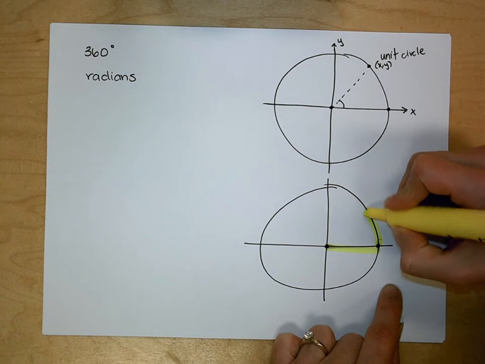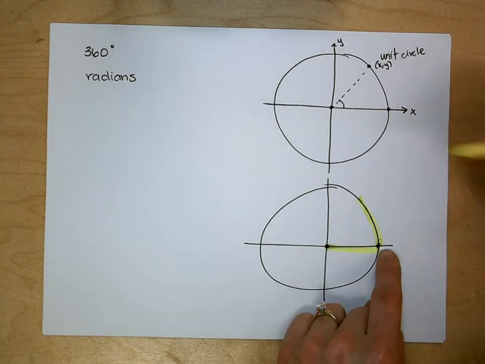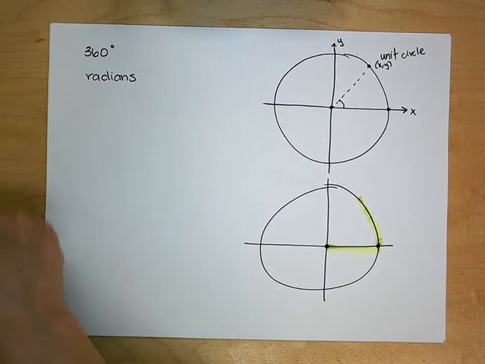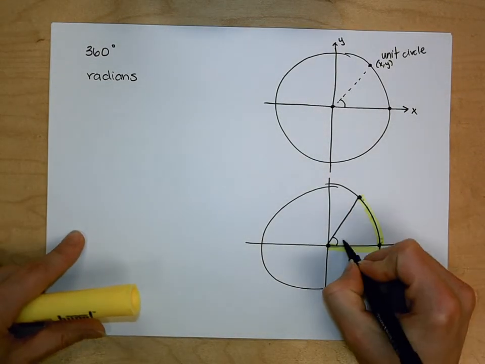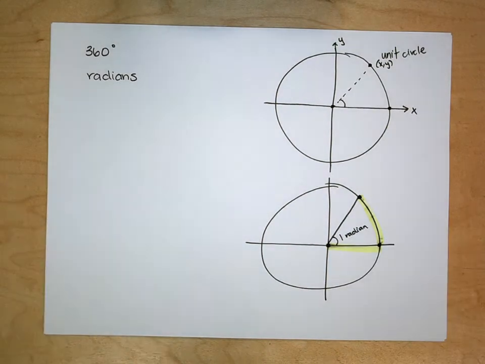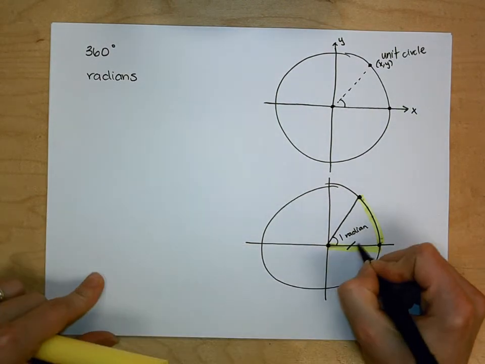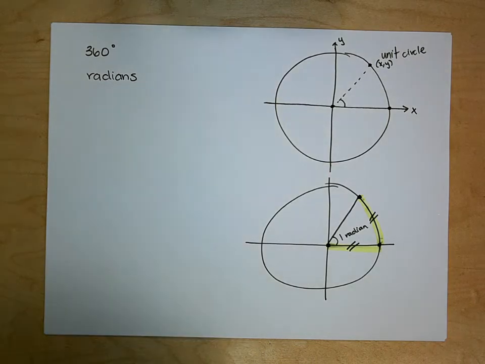So let me think about when I would need to stop here. I'm trying to make this length the exact same as this length. That kind of looks like maybe I should stop right about there. So if I stop here, the angle that's spanned here is exactly 1 radian, if those two lengths are equivalent to one another, and that is 1 radian.